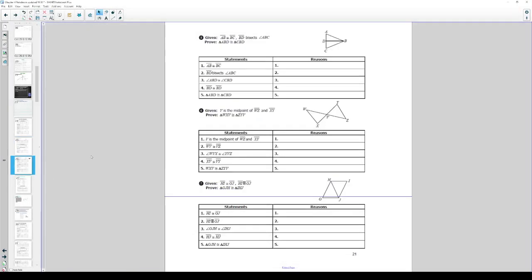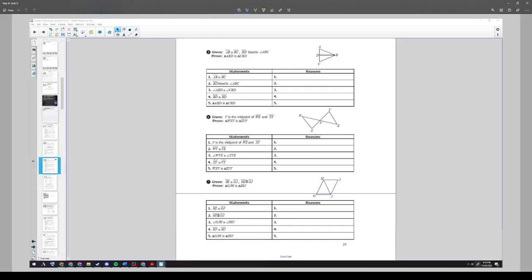Let's look at a side-angle-side. I haven't really looked at any of these right now, but let's go to number 7, because that includes some parallel lines. These are going to bring in some more interesting things to the proofs, like bisects. That's going to tell us two angles are equal. Midpoint is going to tell us that two sides are equal.